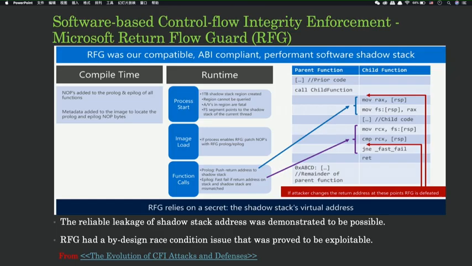Then when the real return happens, the operating system will be able to compare the stored return address on this shadow stack with the return address on the data stack. If those two match, then obviously the return address on the data stack is genuine. So that's the basic idea.